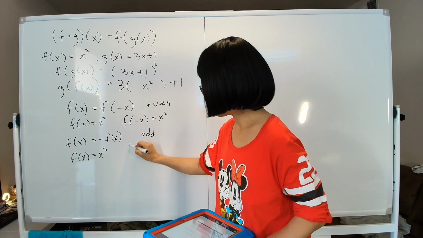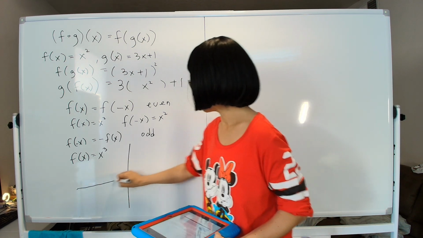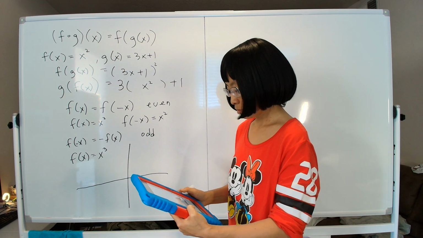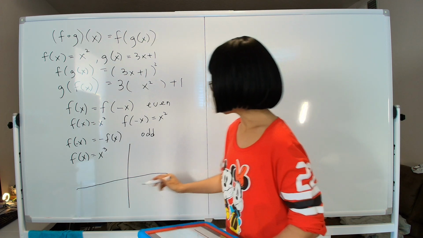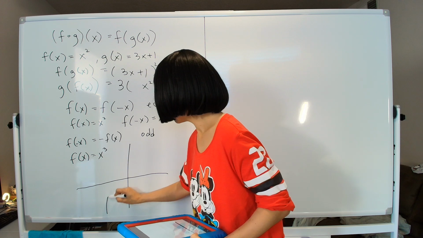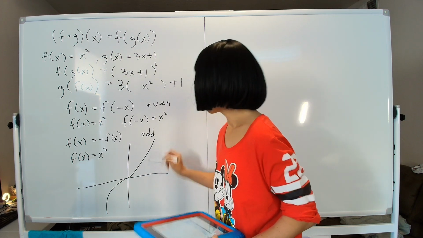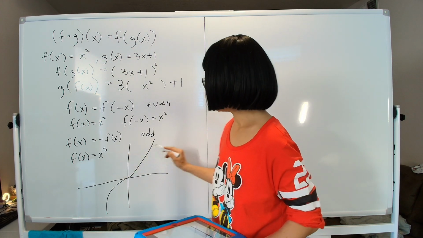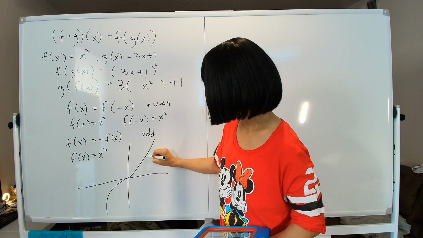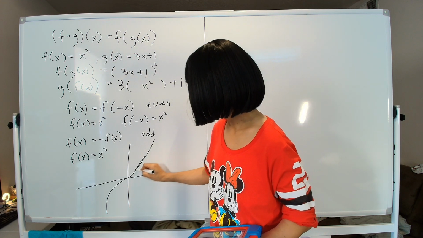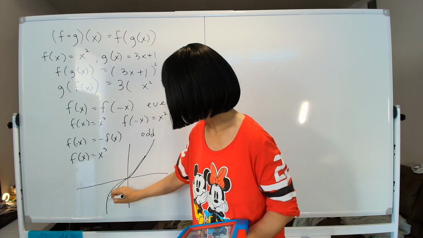The graph of x to the power 3 looks something like this, right? And it's symmetrical about the origin, which just means that this point has a mirror image from its corresponding point down here.